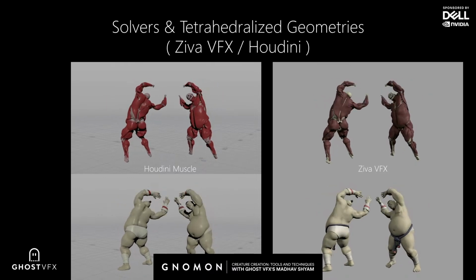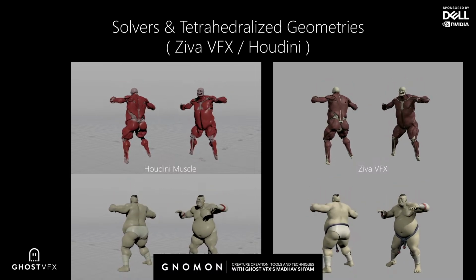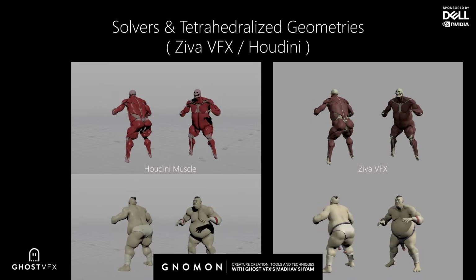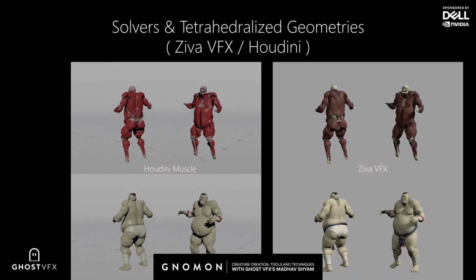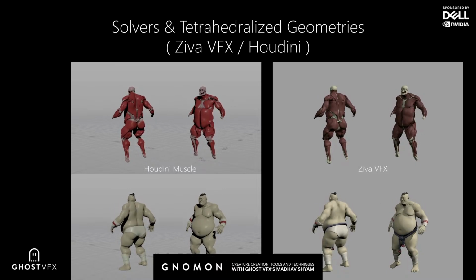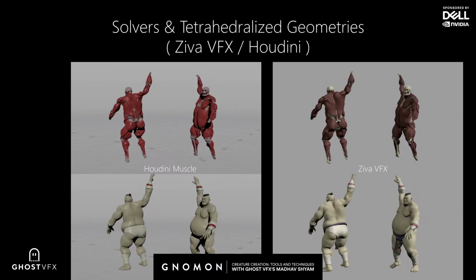But the stuff that's built in Houdini is pretty fantastic. So you can get equally believable performances with both of them. And at Ghost, we are mostly Houdini oriented for all the CFX work, so we're definitely investing in that. And you can get some pretty believable results in both applications.